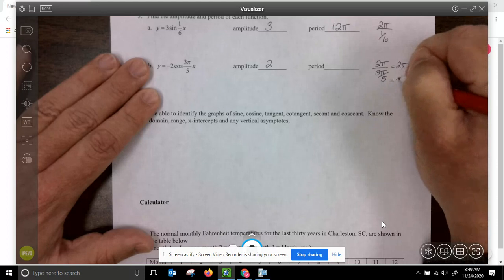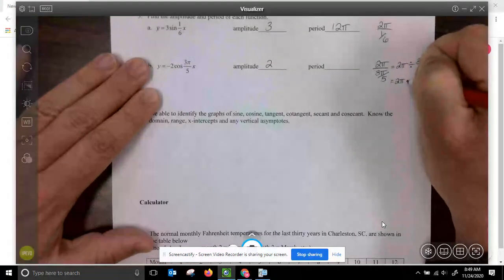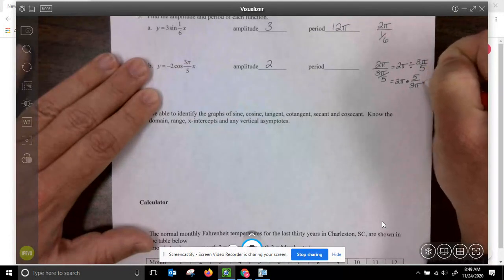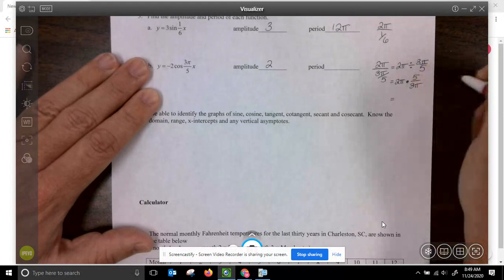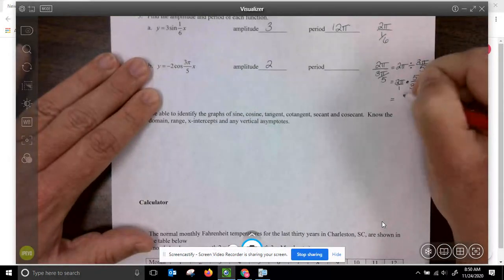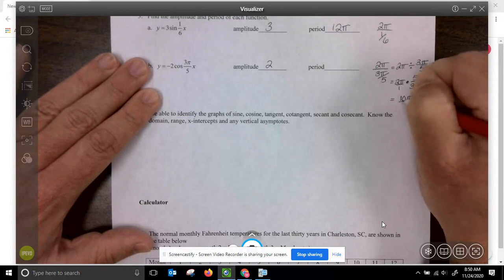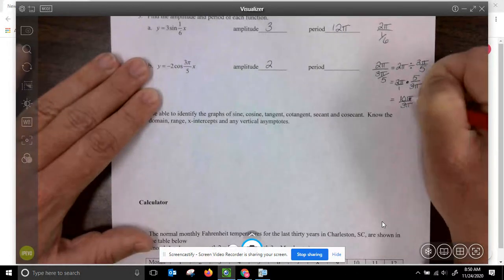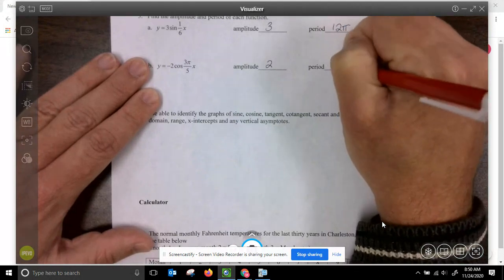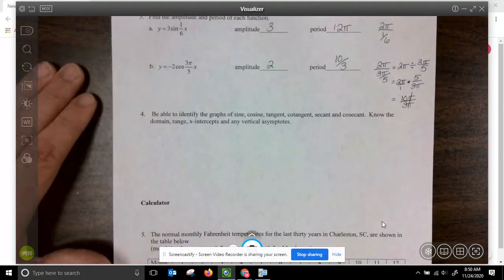So I keep 2 pi, I change my division to a multiplication, and I flip my fraction over. When I do that, this is over 1, I multiply across the top, multiply across the bottom. We get 10 pi over 3 pi, and the pi's will just cancel. So my period is just 10/3.